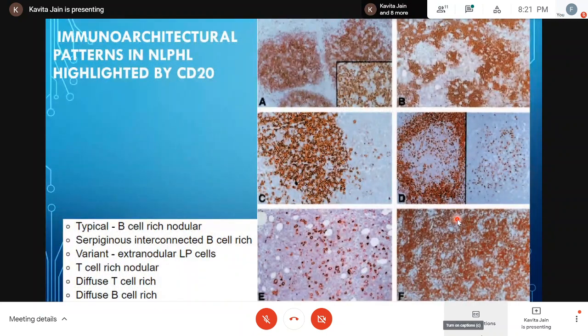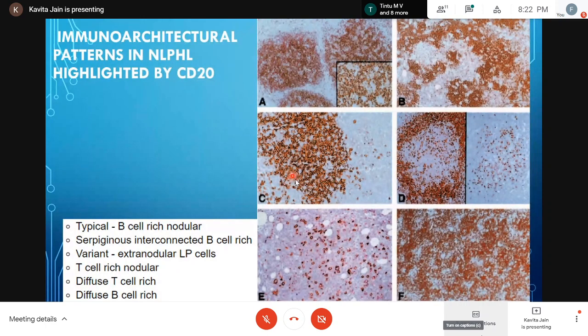So depending on the immunostaining and the architecture, they have been divided into 6 immunomorphological or immunoarchitectural patterns, which we should just be aware of for completeness' sake. They have closely opposed nodules, that is B cell rich nodules. Then they have serpiginous interconnected B cell rich areas.